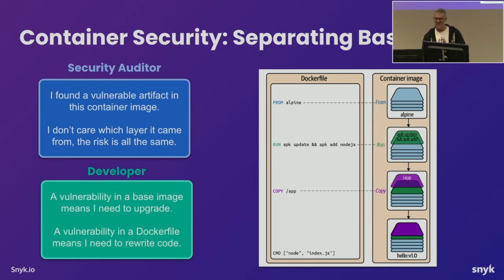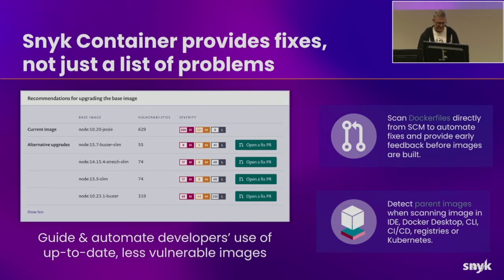And we also give you the ability to look into the open source that you're bringing in the user layer. So rather than just a huge big list of all of the vulnerabilities you've got to look at, we give the ability to look at the open source that you're putting in and then pick that best base image.